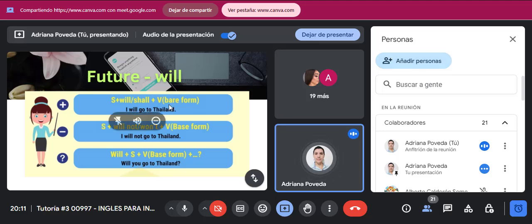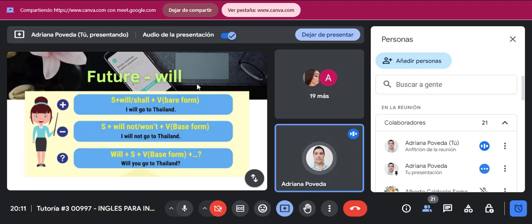So remember, we don't add anything to the verb. If you say I will goes, it'll be incorrect. Or if you conjugate the verb, you put it in the past, for example, I will went to Thailand, that will be incorrect. Or if you say something like I will to go to Thailand, it will be incorrect again as well.